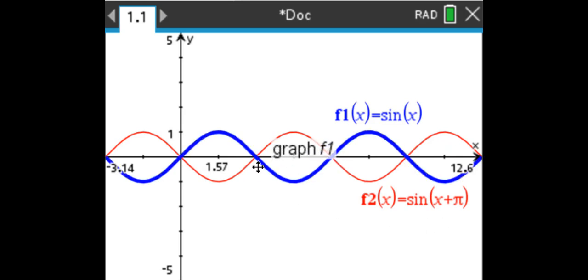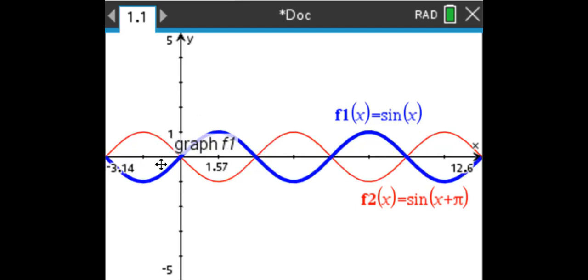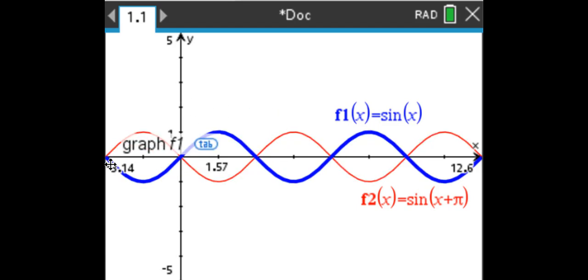The plus pi moves it to the left pi. So pick a point. If you pick this 0, 0 point on my blue curve, it's moved to the left. Remembering that each graduation on our x-axis is pi on 2.